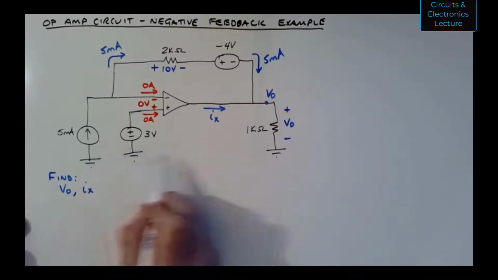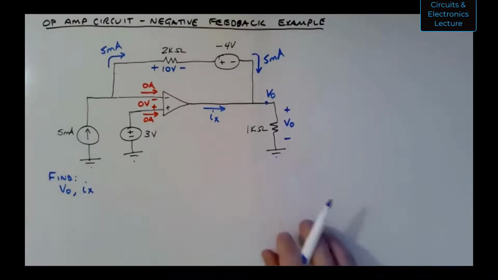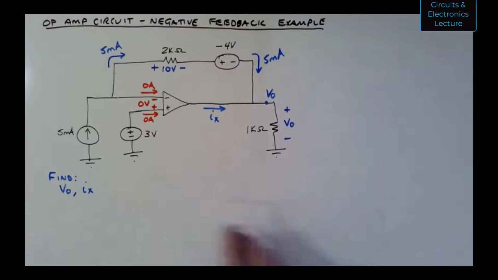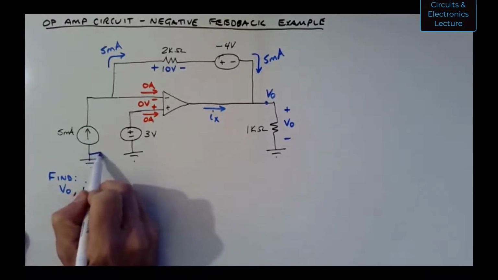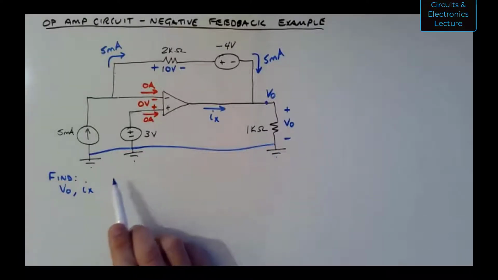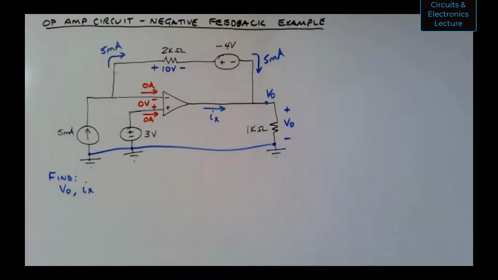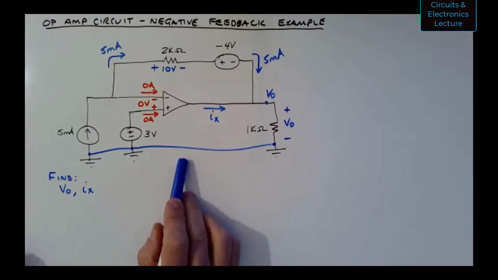When you have multiple grounds in a circuit, you can assume that all those grounds are held at the same potential. The way to do that is to connect them together. They're all 0 volts and they have to be held there. So I'm going to draw a wire connecting all the grounds together. You don't have to, but you can. Just like when you're in lab, if you have a bunch of grounds, you have to connect them all together. So this is what that's doing.